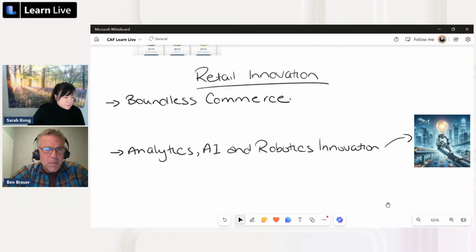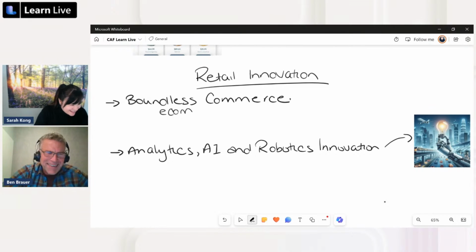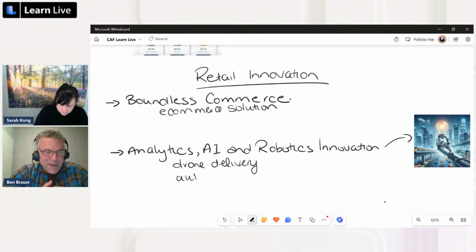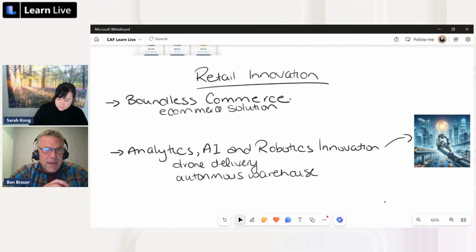One is through their Boundless Commerce project, which is looking at how to do better drone deliveries and lower the amount of time it takes to deliver the product. They're using data and AI to do two things: look at how their commerce app supports their customers' experience, and ensure their backend systems are as seamless and performant as possible.